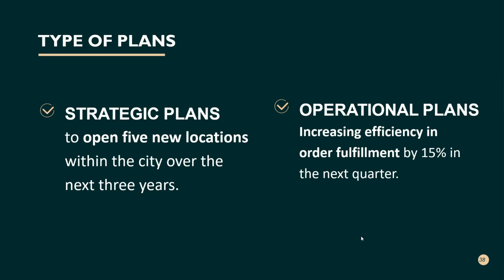So, this plan would include actions like staff scheduling improvements, streamlining the process for making coffee, or upgrading the POS systems to process order faster. So it's about improving performance in a specific part of the operations or the business.